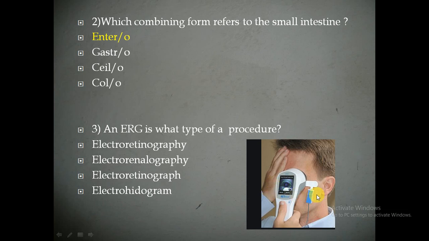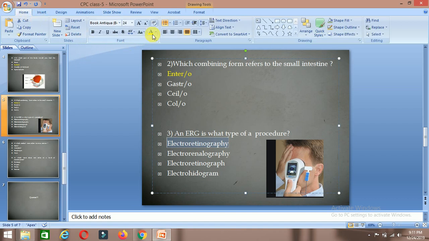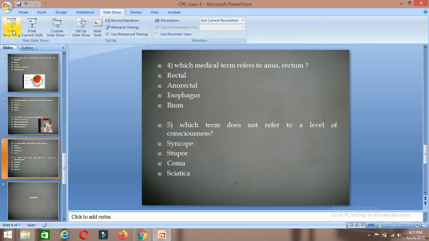He is examining the eye retina. So ERG is nothing but electroretinography. This is a study which reads out about the retina of the eye. So electroretinography is a procedure, which is nothing but ERG. So the correct answer for the third one is option A. I am marking this one. We will see the remaining questions.